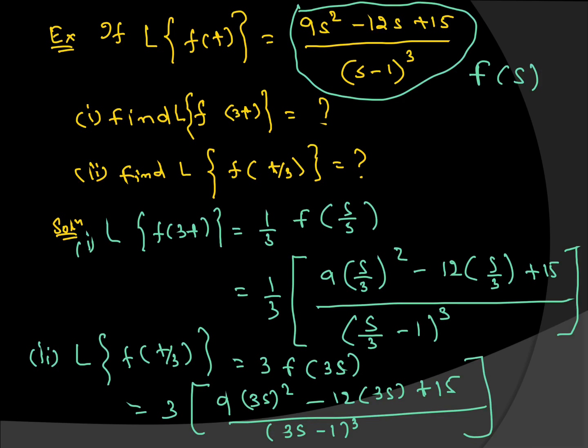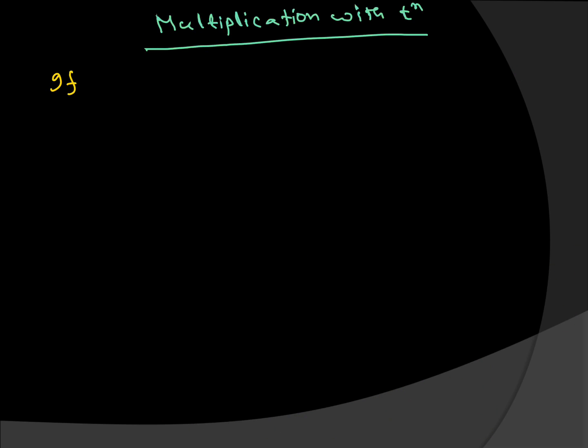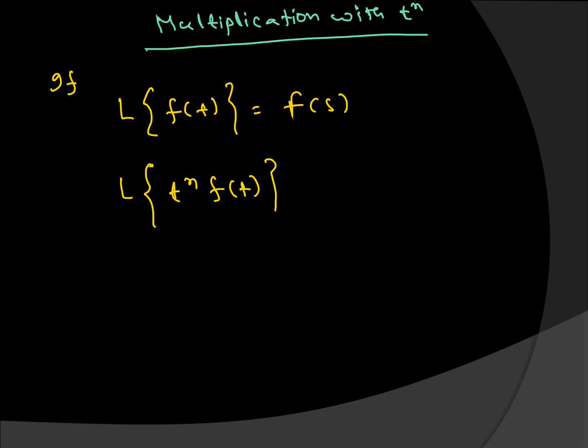Then multiplication with t to the power n. If Laplace of our function f of t is capital F of s, then Laplace of t to the power n f of t, you will get minus 1 whole to the power n, then d to the power n divided by ds to the power n of F of s.